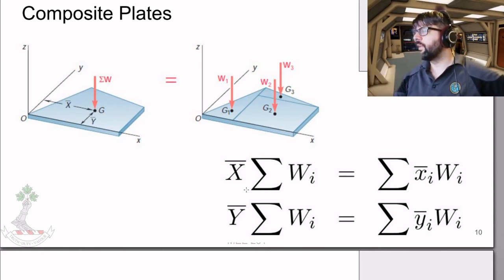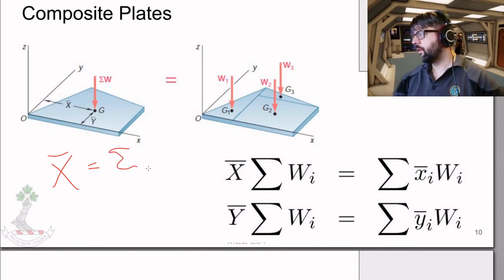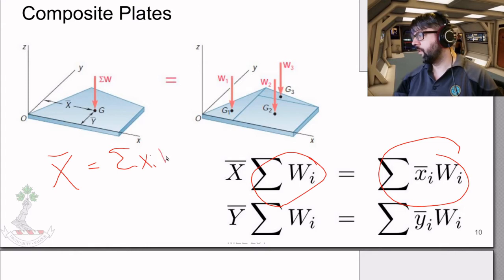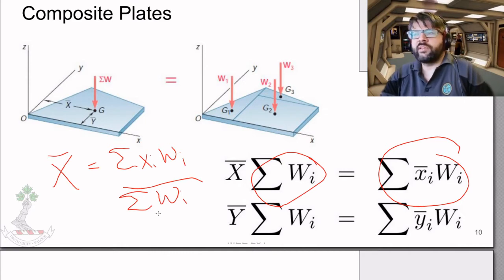Once we have that, we can find our x bar, which is the location of the centroid for the composite shape, by taking this, dividing by this, and that's how we get that.